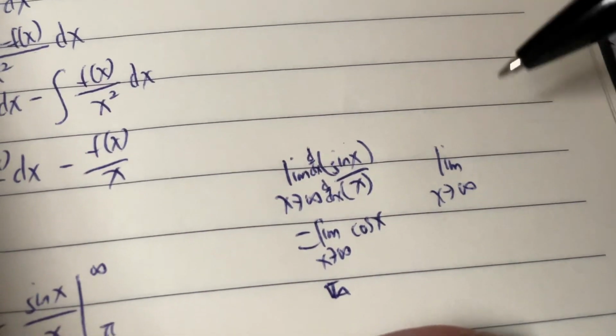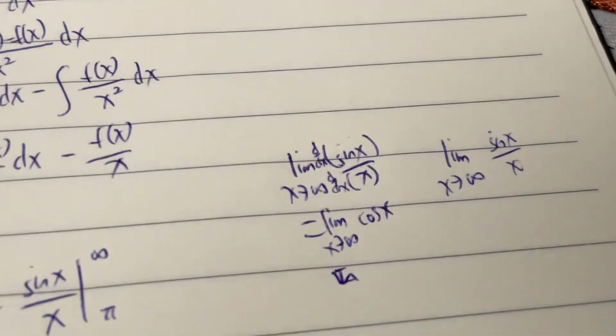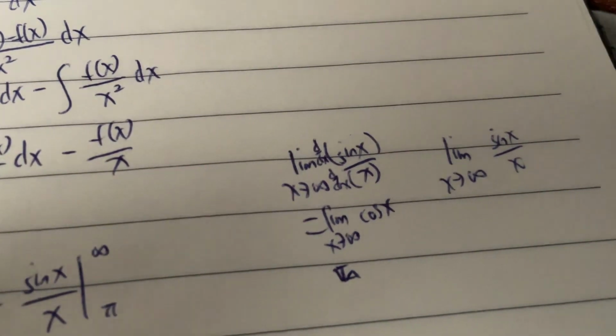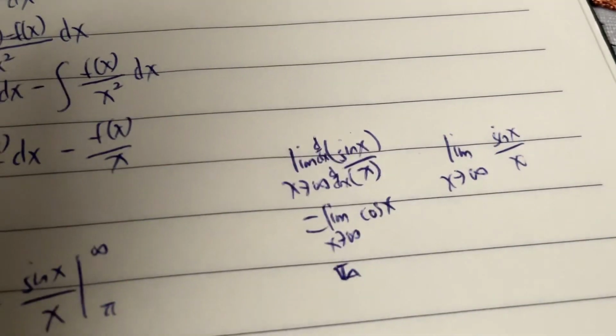So x approaching infinity, sin x over x. Here's the deal. Whenever you put an x into sin x, when x is an extremely big number like that, it's always going to be between -1 and 1.